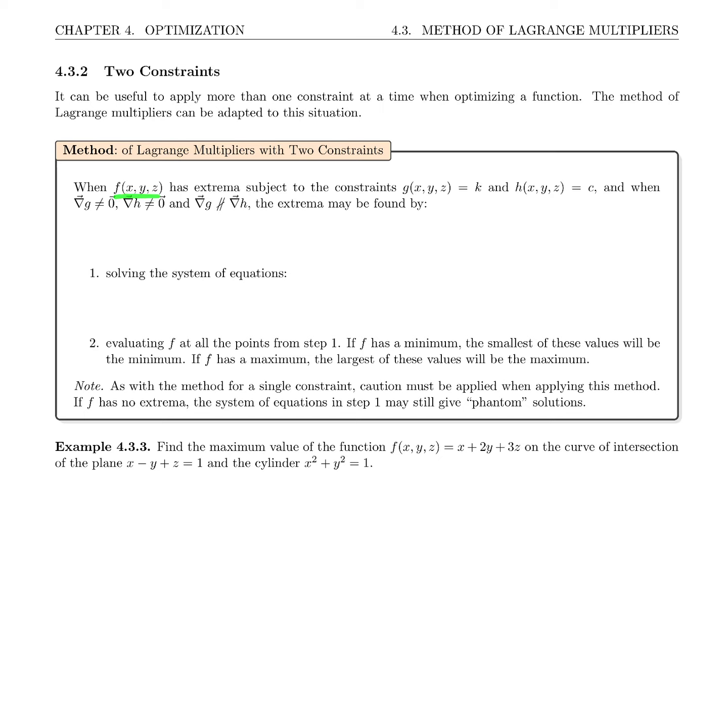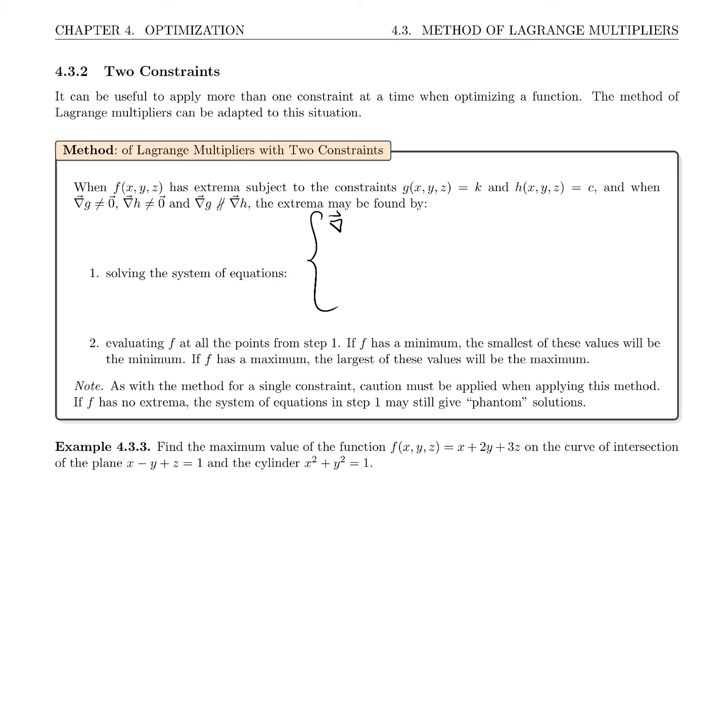When f of x, y, z has extrema subject to constraints g of x, y, z equals k, and h of x, y, z equals c, where k and c are constants, and when the gradient of g is non-zero, the gradient of h is non-zero, and the two gradients are non-parallel, the extrema of f can be found by solving a system of equations which is similar to the system that we solved for Lagrange with one constraint.